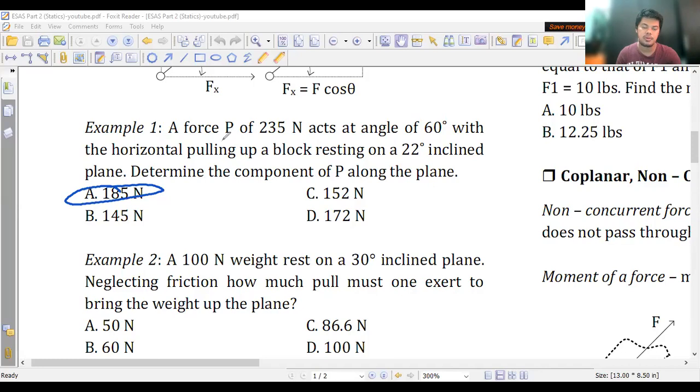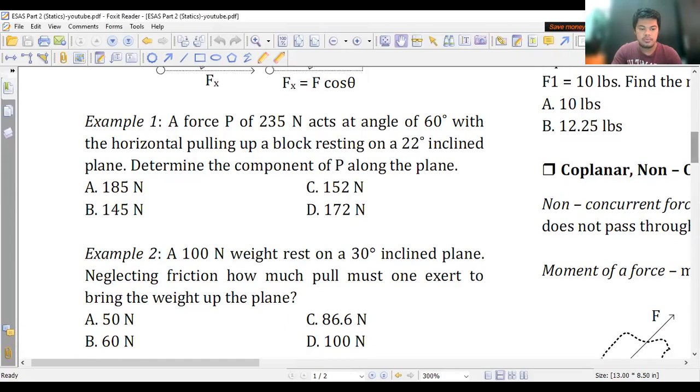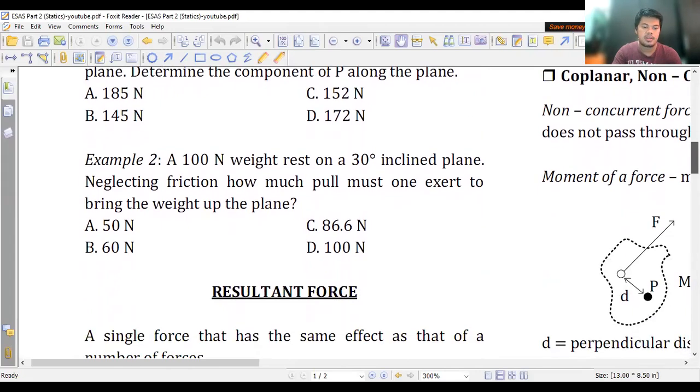So you have to calculate the horizontal force P. But since the problem is asking for the component of the force along the inclined plane, upon calculation we have 185.2, so from the choices the closest is 185 Newton. Okay, so we'll go to the second example.